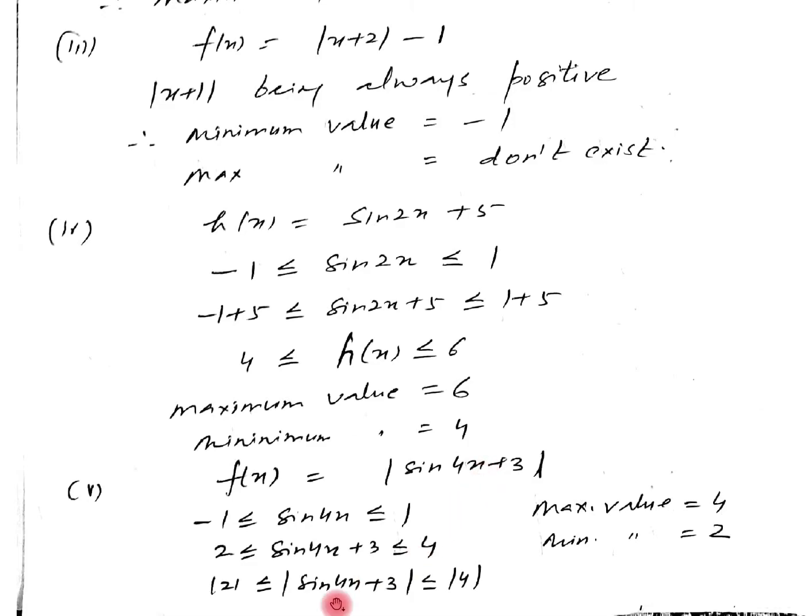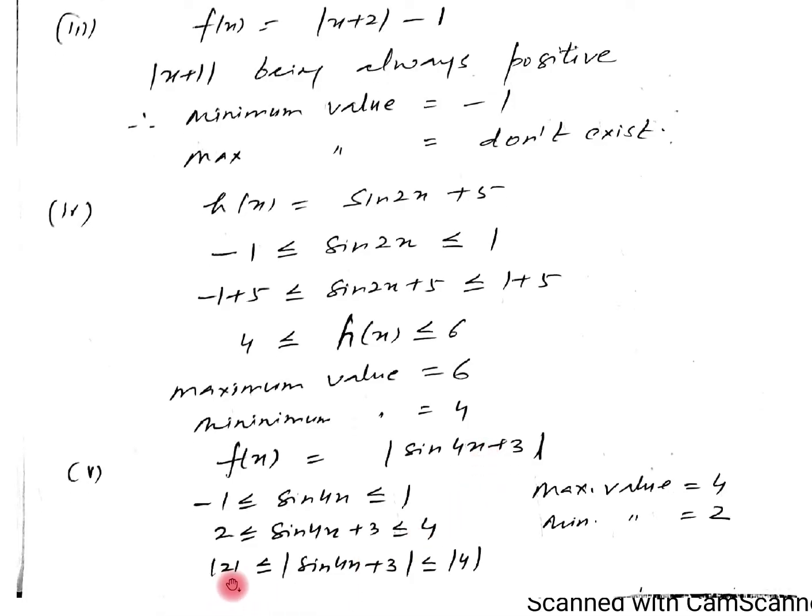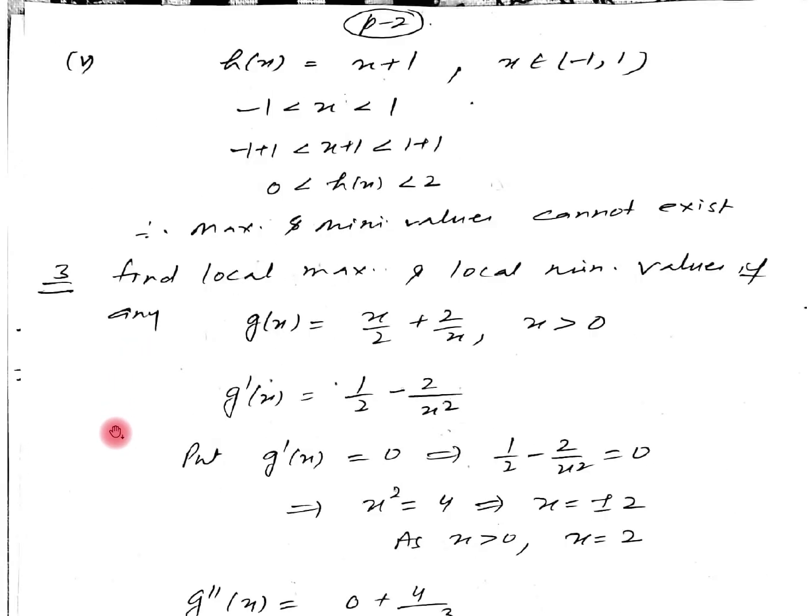Now taking modulus, we have modulus of 2 less than or equal to modulus of this less than or equal to modulus of 4. Now modulus of 2 is 2 and modulus of 4 is 4. Therefore we can say the minimum value of our function is 2 and maximum value of the function is 4. This is the way to find out the maximum and the minimum value of the given function without using derivative.